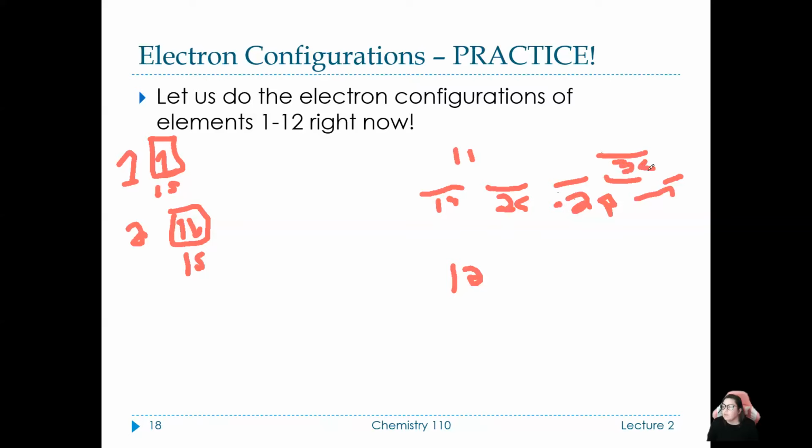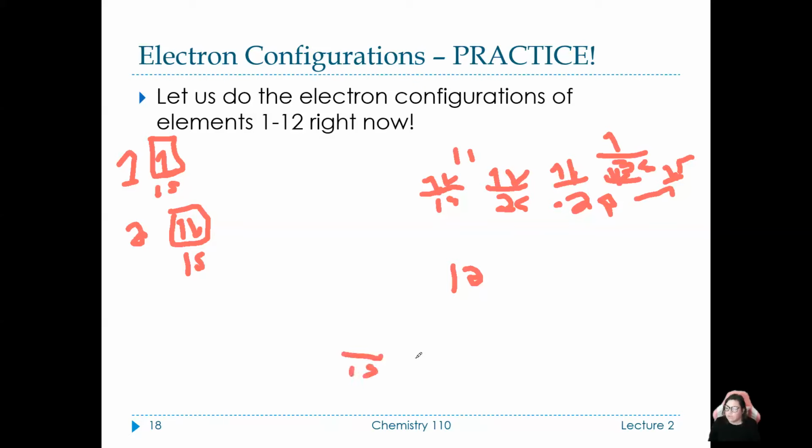And again, writing them all on the same quote unquote energy in a line, they should all be together, but I didn't manage that. So 1s2, 2s2, 2p6, and then 3s1.